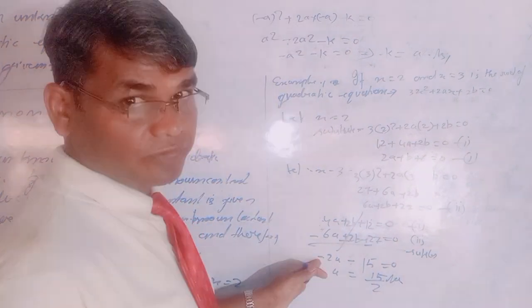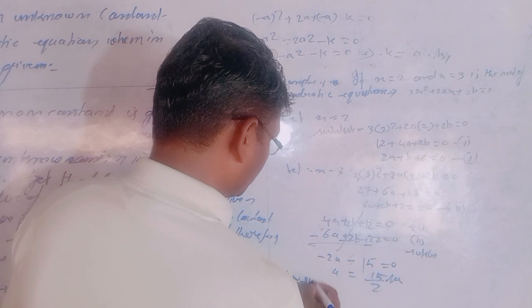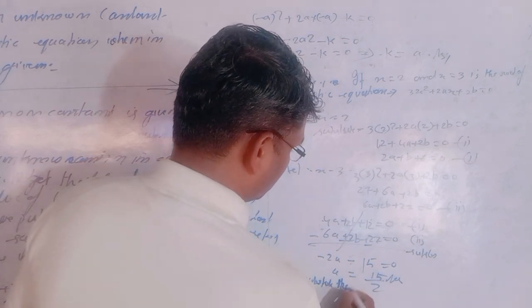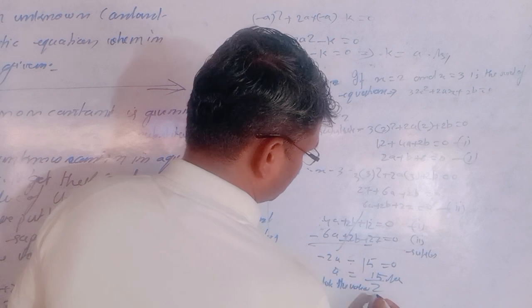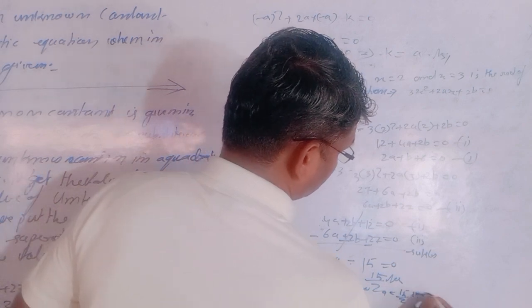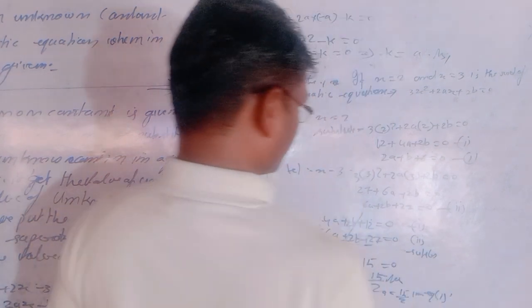Now that we have found the value of a, we substitute the value of a is equal to 15 upon 2 in the equations.